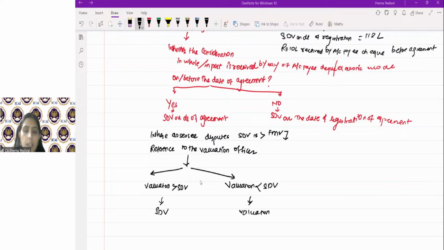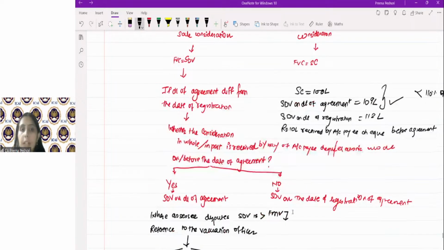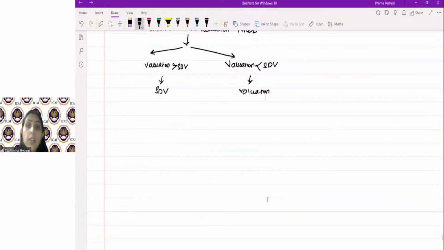Clear? Okay. Now there is a similar provision under PGBP also, which is under 43CA. So this is under capital gains, and there is a similar provision which we have not dealt with under PGBP because I wanted to deal with it here, since both of them are similar.